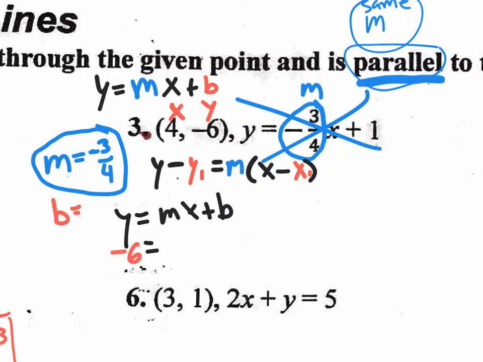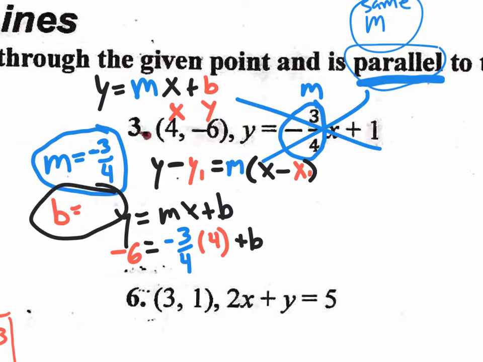Instead of my m value, I'm going to plug in the slope that I know that my line has to be, which is negative 3/4. And instead of my x value, I'm going to plug in the x value of the coordinate, which is 4. And of course, we still have the plus b out here that we need to solve for, because if we find that b value, then we're able to write it in slope-intercept form because I'll have my slope and my y-intercept. Are you with me?